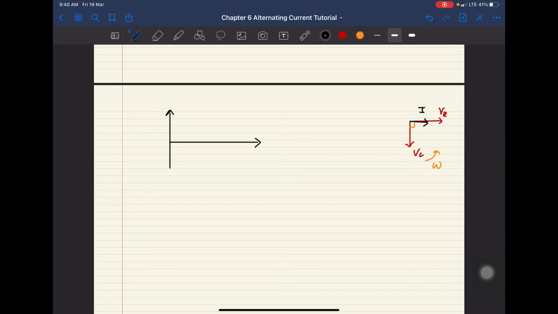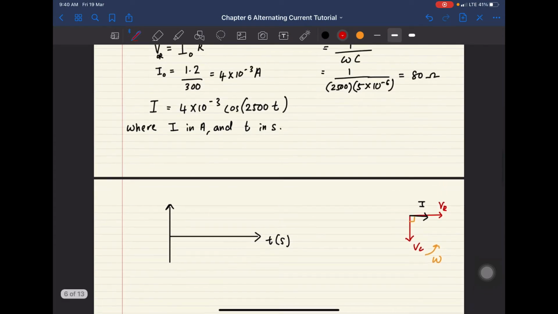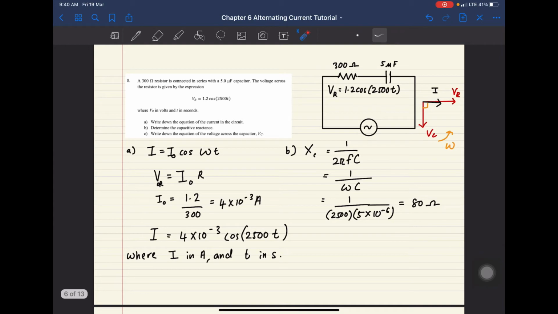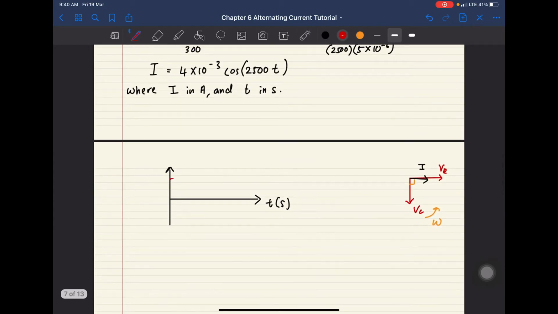In terms of time, the VR is a cos function, so you will expect the graph to look something like this. But the VC is lagging by 90 degrees, so actually it starts from behind here.